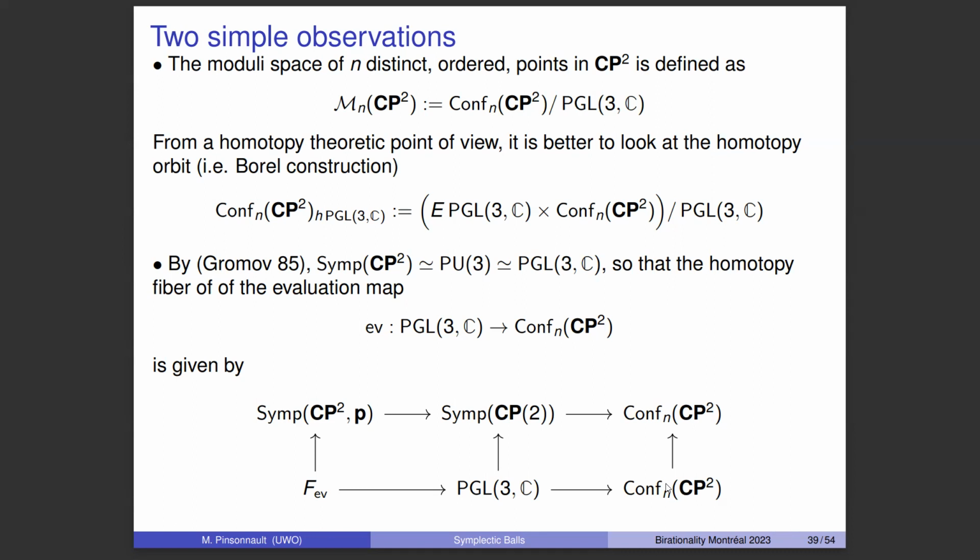A natural choice for replacing PGL3C is by replacing it by SIMP. So when we look at how SIMP acts on configuration spaces, we are essentially understanding the homotopy fiber of this map, doing the first step in understanding the moduli space of points on CP2.